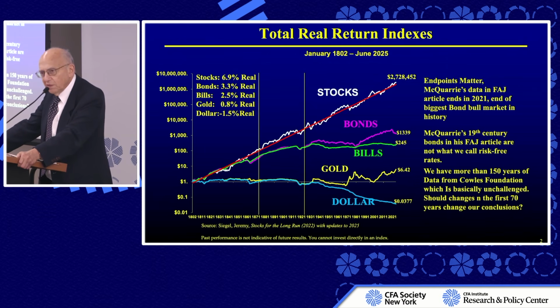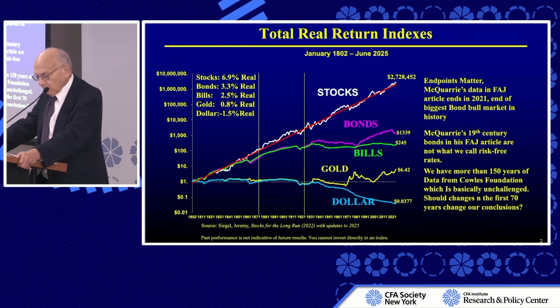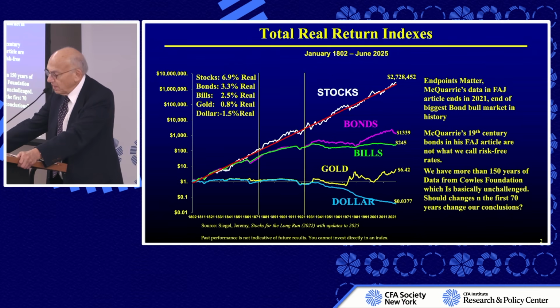So a fundamental question is, should you change your view on stocks and bonds as a result of what happened between 1802 and 1871? Ed will tell us. You also might make up your own mind on that.